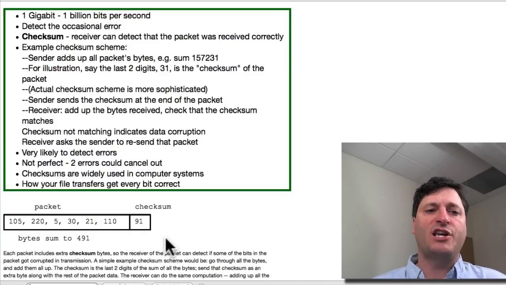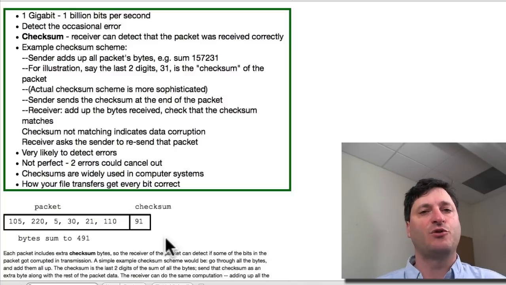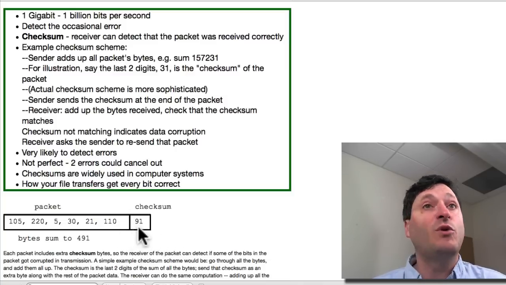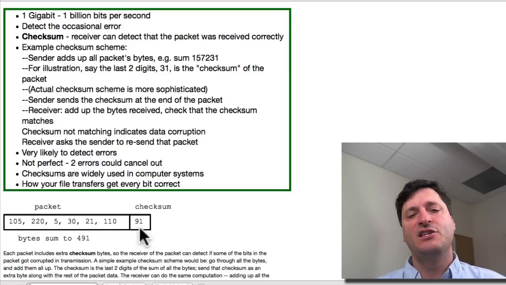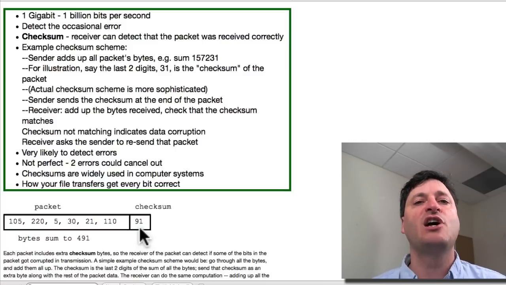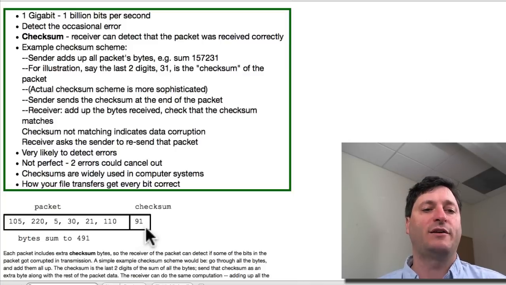So the way this works is that the receiver gets the whole packet, and the receiver can just do the same addition. The receiver adds up all the bytes that they got, and they see, did they get 91 too? Do the checksums match? If the checksums don't match, then that suggests some bit in there got flipped. There was some error. Something didn't come through quite right.